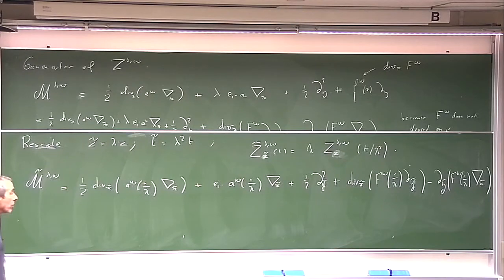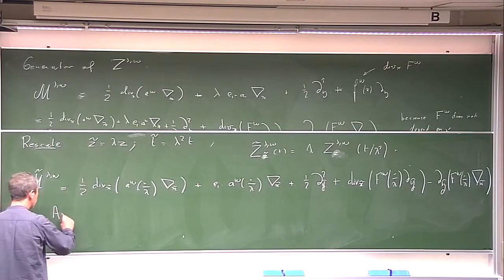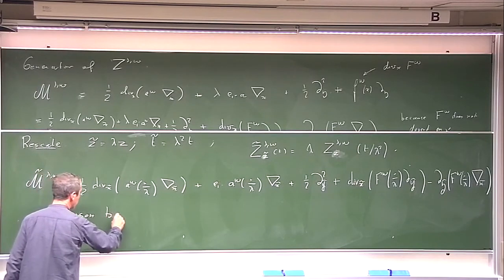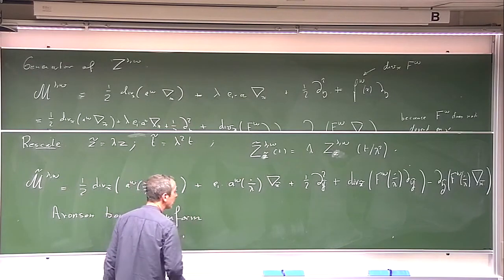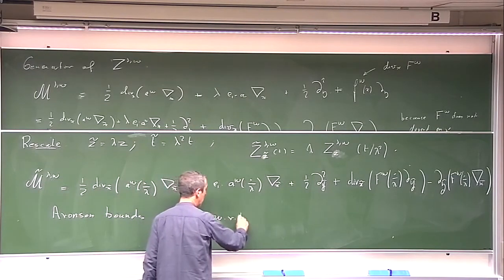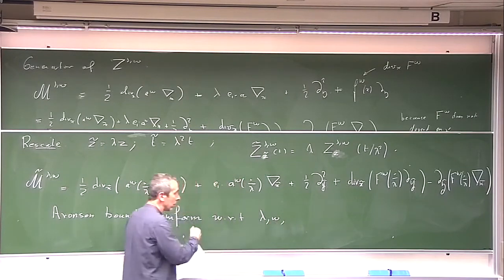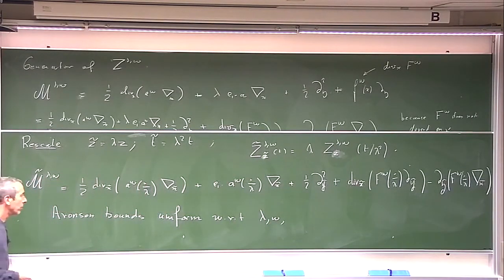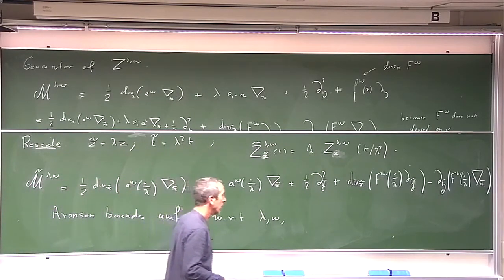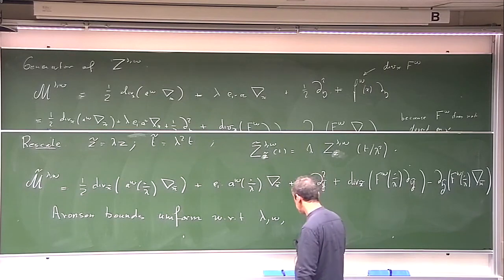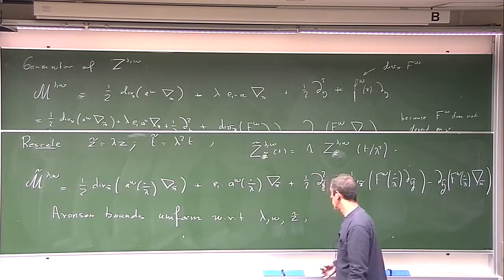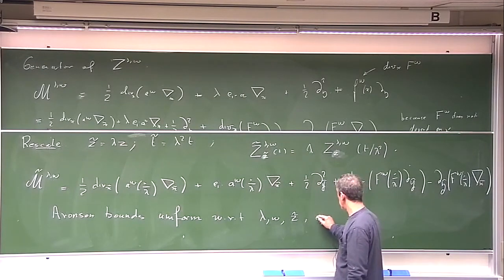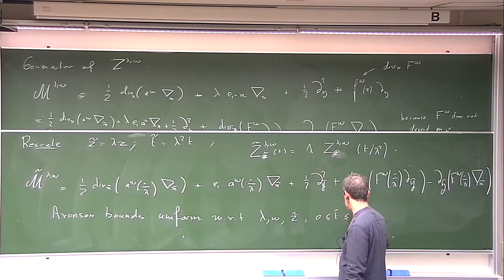So we have bounds on the solutions, say Aronson bounds, which are uniform with respect to lambda, to omega, and also uniform with respect to space, to Z tilde. I'm going to use Aronson bounds for a finite time interval, so let's say that we consider the case where time, T tilde, is less than 1.